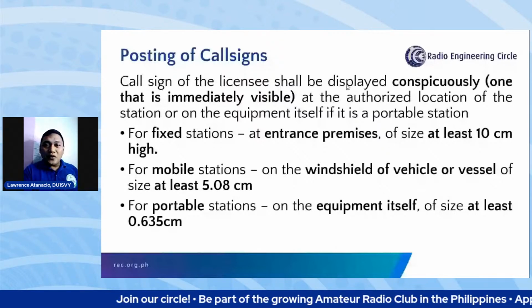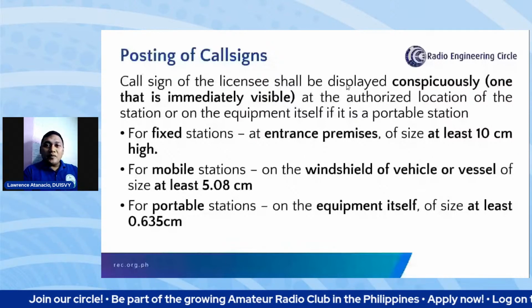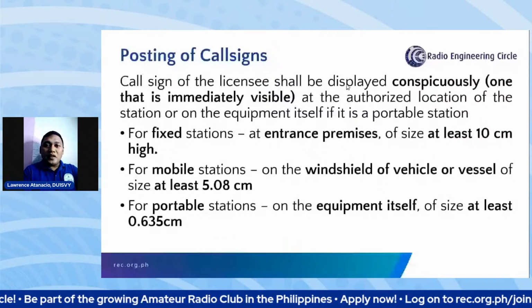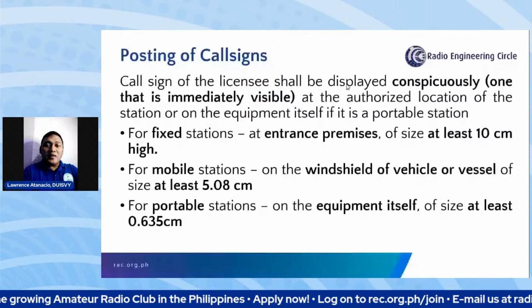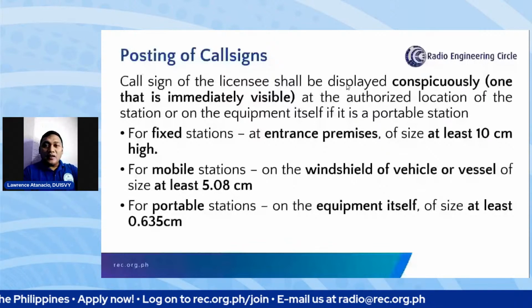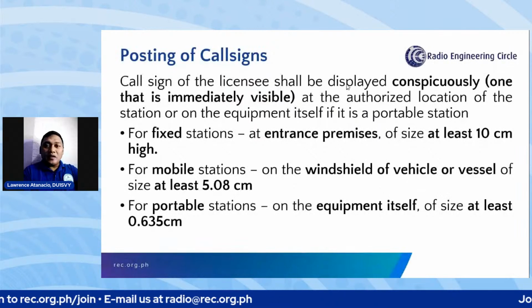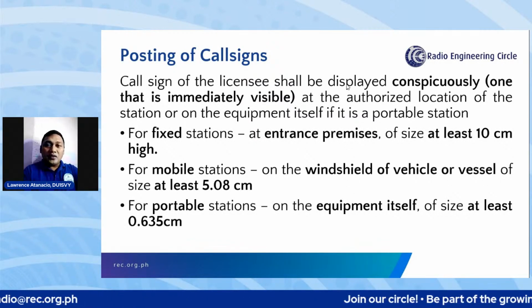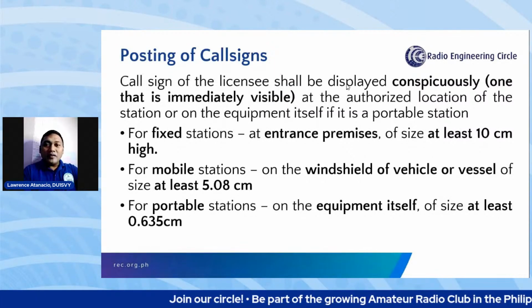Okay, posting of call signs. Call sign of the licensee should be displayed conspicuously, one that is immediately visible. Ibig sabihin, visible siya, nakikita. At the authorized location of the station or the equipment itself if it is a portable station. For fixed station, at entrance premises daw ng bahay.